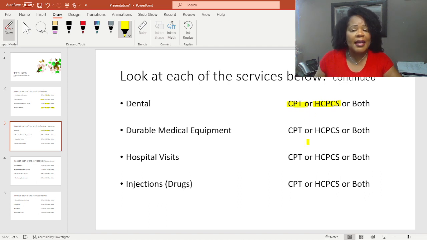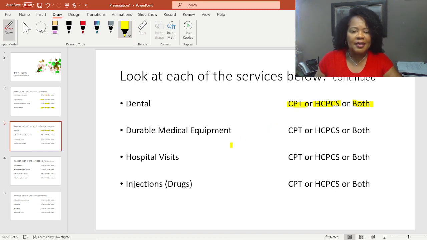Therefore, the licensed MD services can be captured with CPT. So I'm going to say both. So again, it depends on, is it the hygienist doing the cleaning, or is it the licensed MD of dentistry performing major dental surgery? Then that would be a CPT.